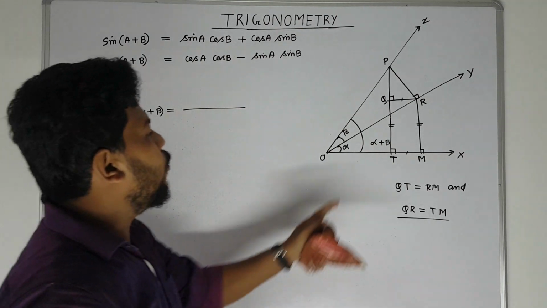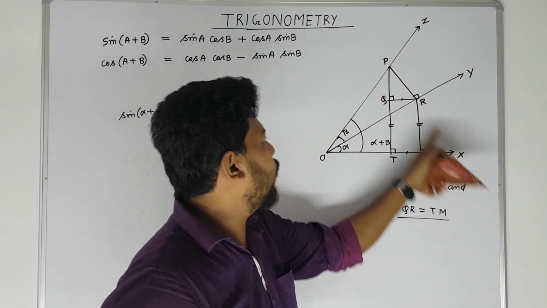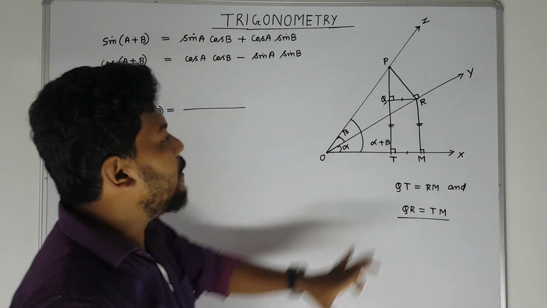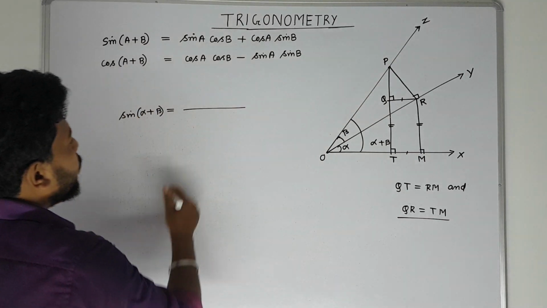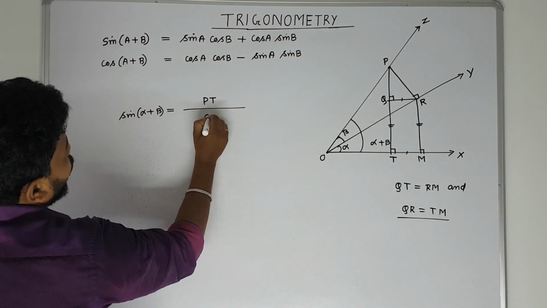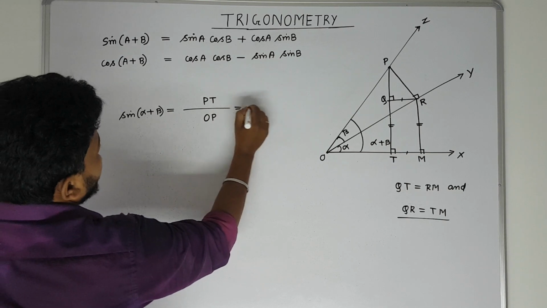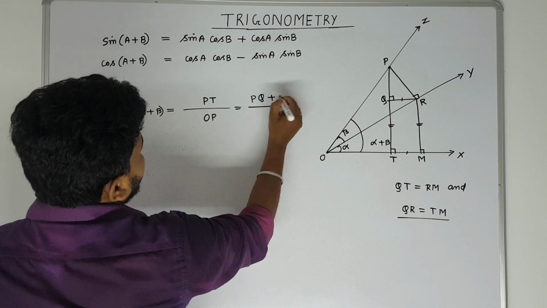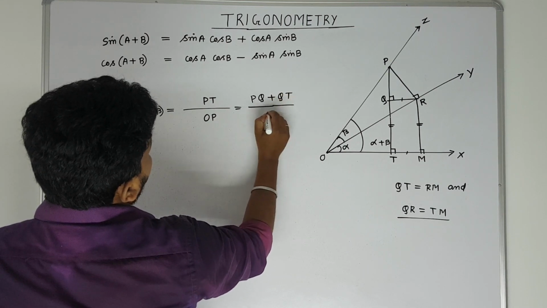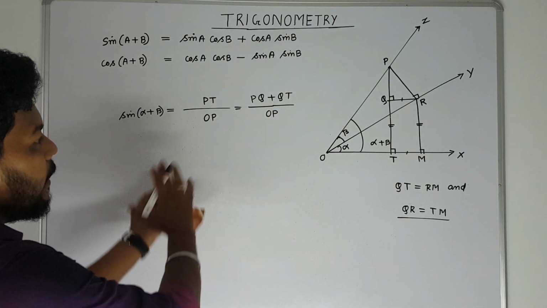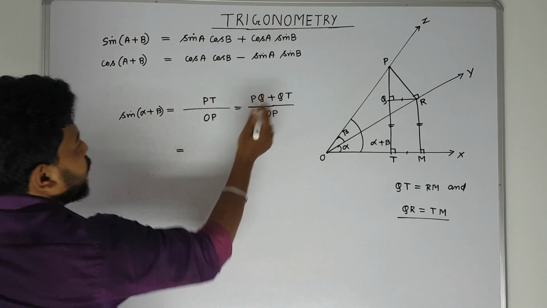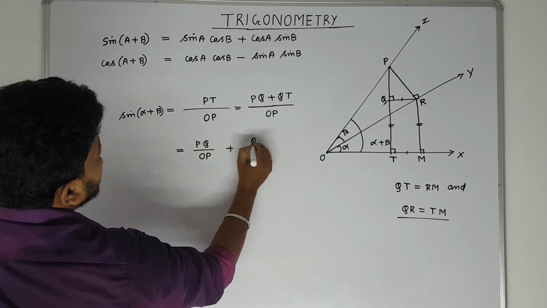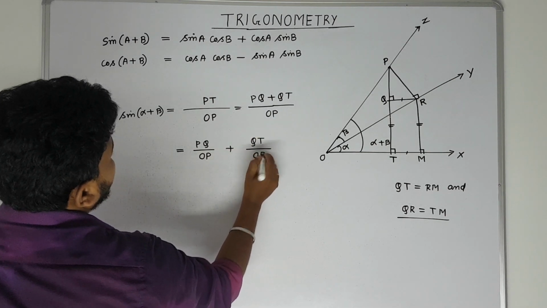For the triangle POT, your sine alpha plus beta will be equal to perpendicular by hypotenuse. So it will be equal to PT by OP. Now your value of PT is equal to PQ plus QT, by OP. So if I separate the values, I will get PQ by OP plus QT by OP.